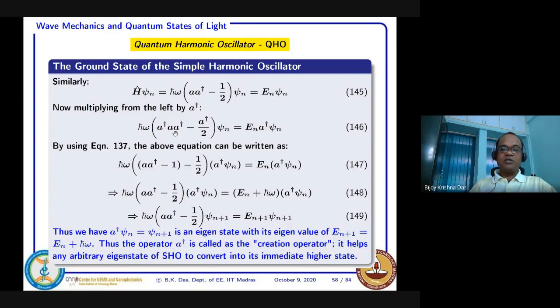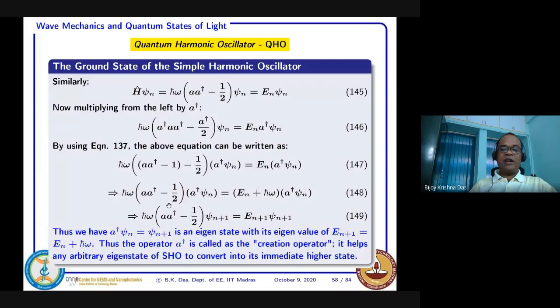You take A dagger outside, and for A dagger A, using the commutation relation, it becomes A dagger minus 1. So this minus 1 times ħω, and if you take the right-hand side, then A plus ħω comes.